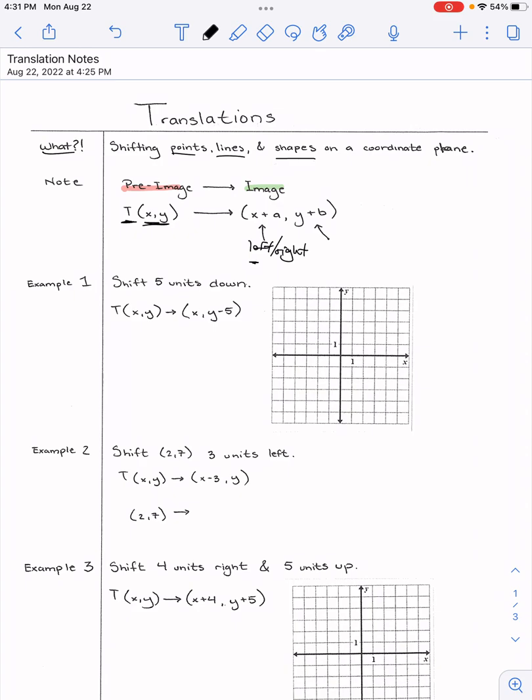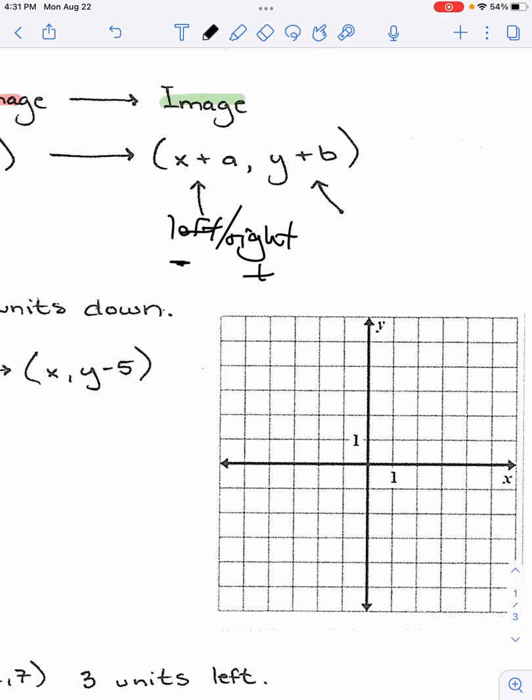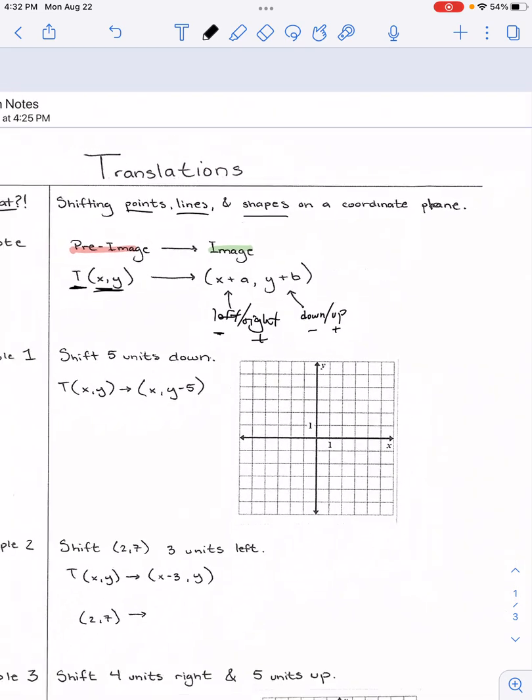If this were x plus 3, we'd shift this 3 to the right. And then similarly, we'll go with the y value, depending on its sign. This will shift it either down or up. Down if it's a negative value, up if it's a positive value.